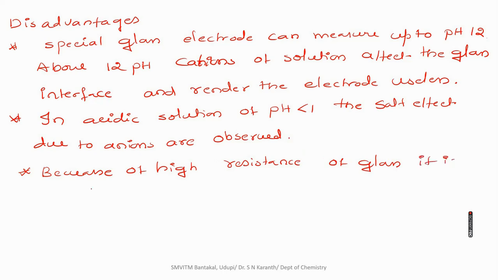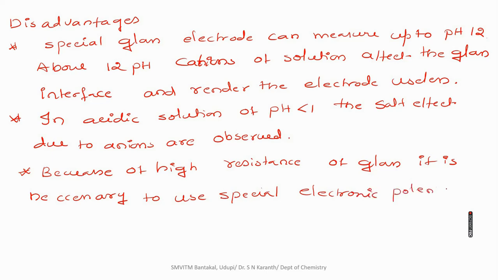If you want to measure a very low or a very high pH, then a special electronic potentiometer is required. Because of high resistance of glass, it is necessary to use a special electronic potentiometer. So these are the few disadvantages of this electrode.